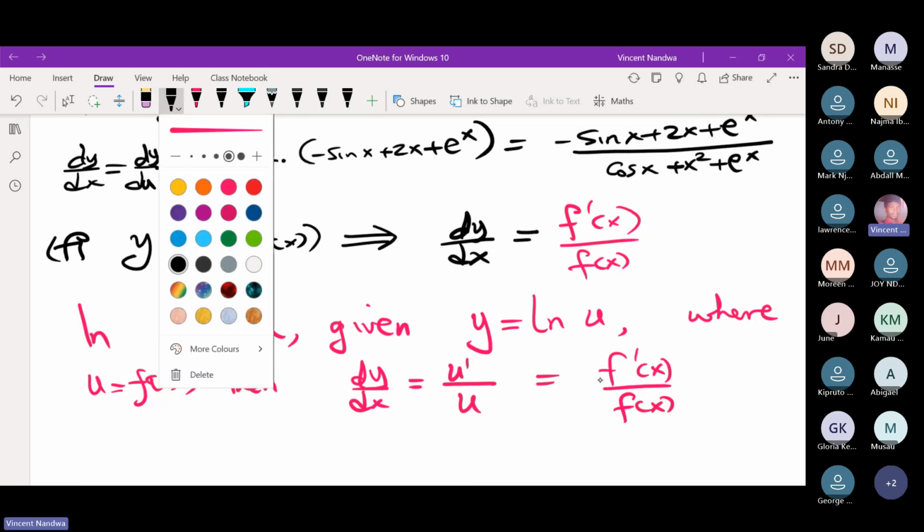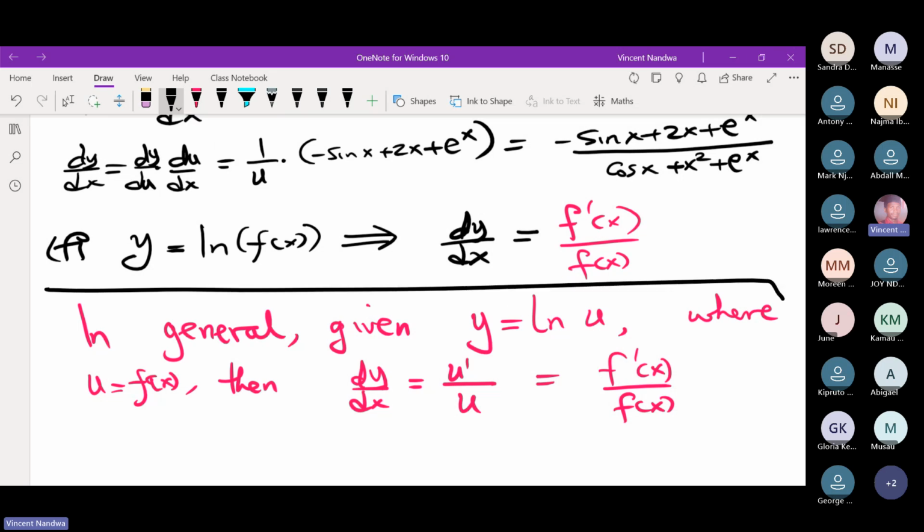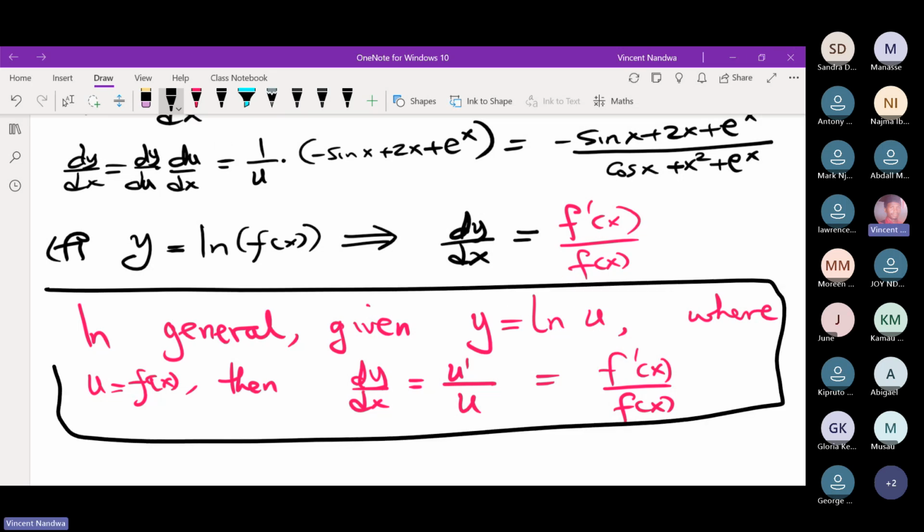This will also be added to your toolbox. It can help you to find derivatives of functions involving logarithmic functions.